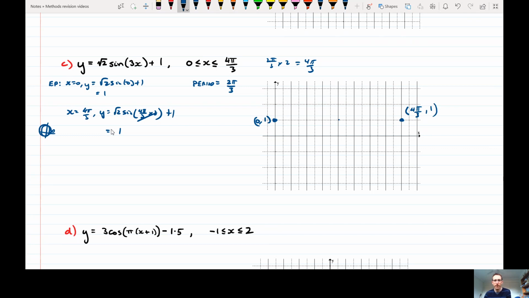Now I know I've got 2 periods, so with the sine graph, it's going to go up and down and up in that time frame. It's got to cross back at the same height halfway. And then how far you go up is going to be determined by amplitude. Now amplitude here is √2, which is approximately 1.41, which means I'm going to start at 1 and I have to go up 1 unit and a bit more.